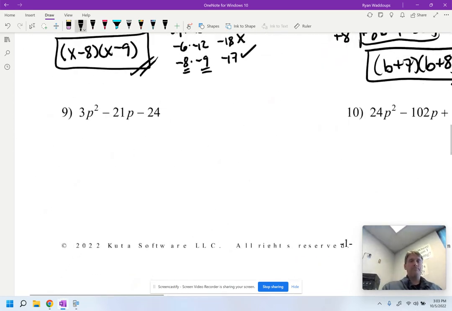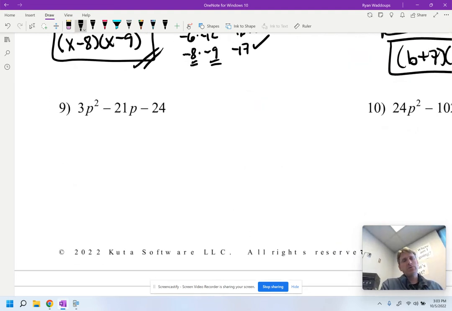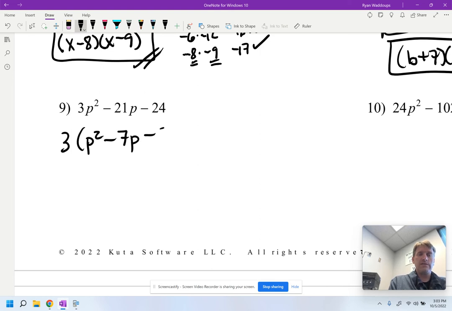Number 9. The first thing you should always check for is to see if there's a greatest common factor. And 3p squared minus 21p and minus 24 are all multiples of 3. So I'm going to factor out a 3, leaving p squared minus 7p minus 8. And then I'm focused on what's inside the parentheses.